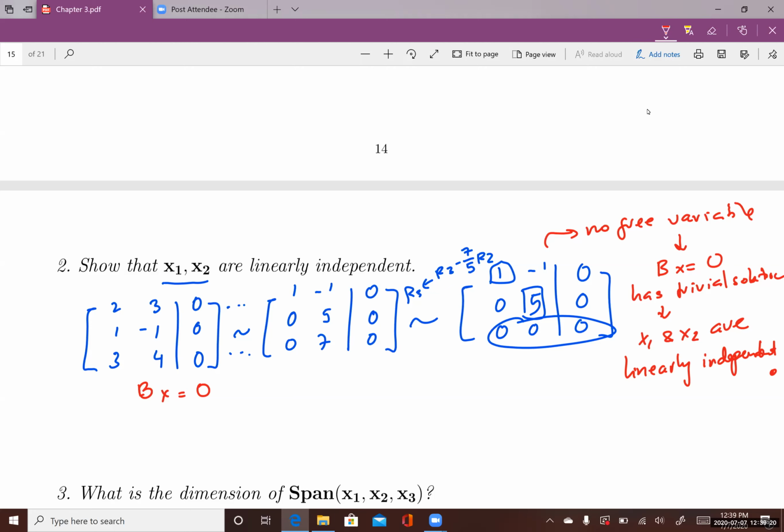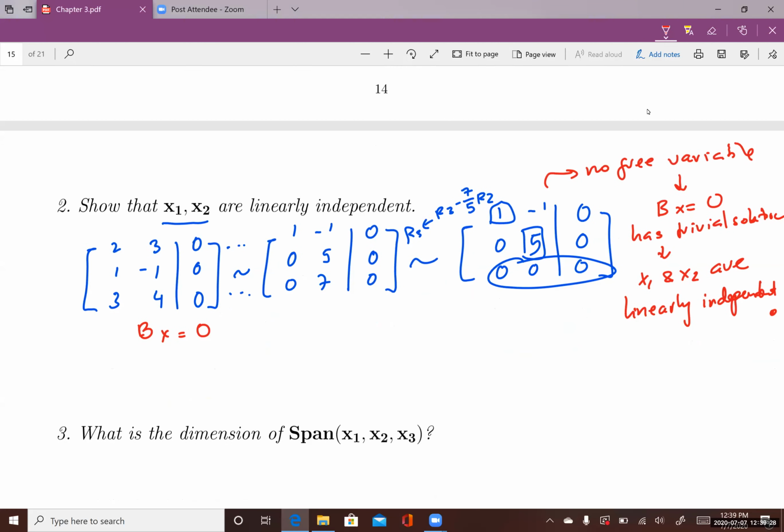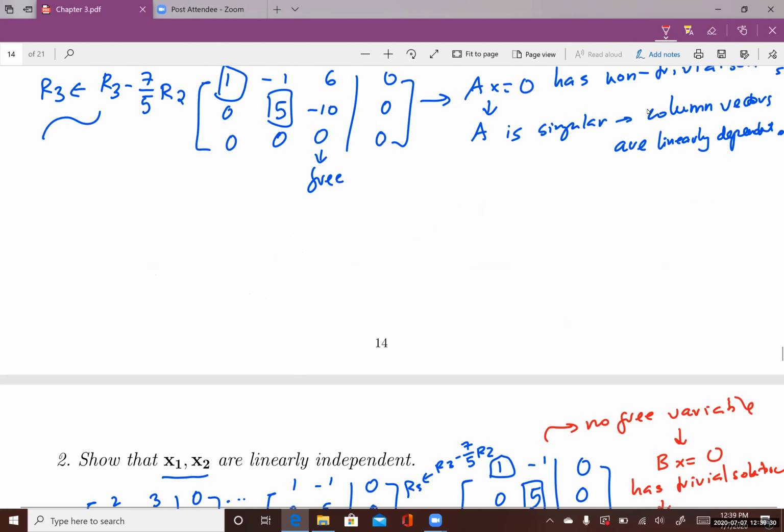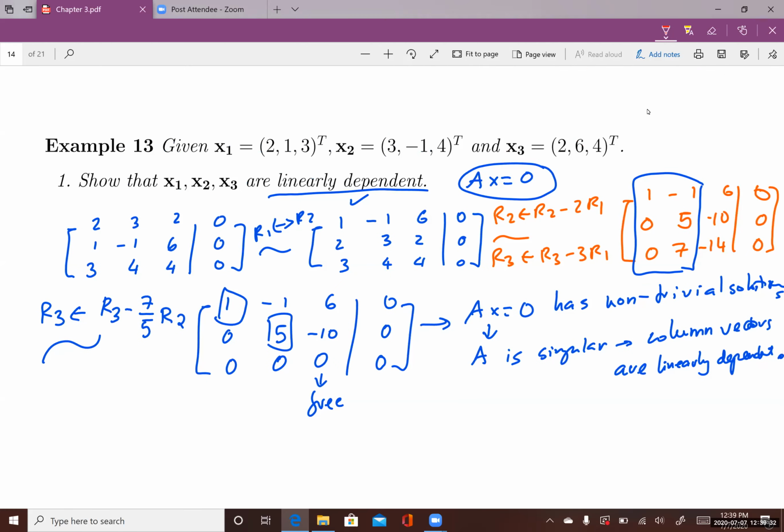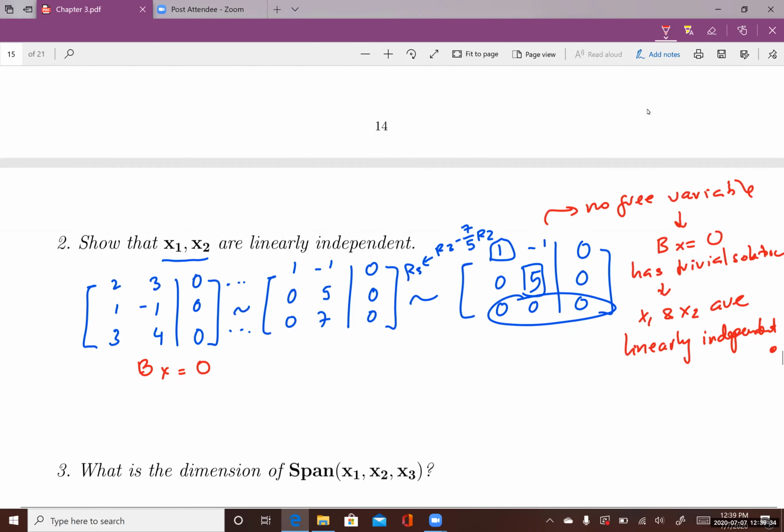But I know that if this system has only the trivial solution, that means all the column vectors are linearly independent. So x1 and x2 are linearly independent, but the set of x1, x2, and x3 is linearly dependent.